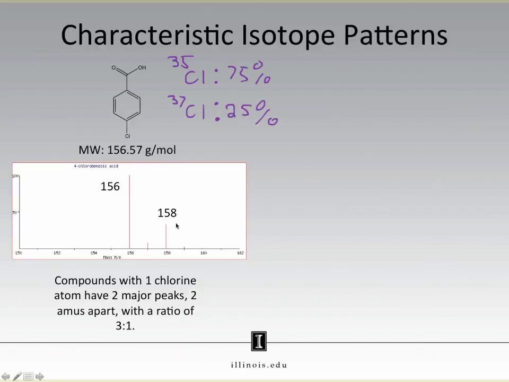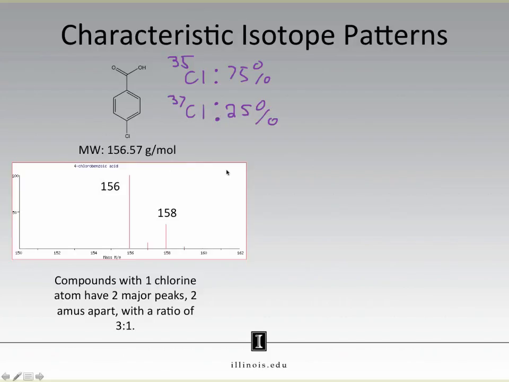And you might be able to see how this distribution is reflected in the size of these signals. We have two main isotopes of chlorine. Therefore, we should see two main signals, one for each isotope of chlorine, and they should exist in a roughly 3-to-1 ratio, because the isotopes exist in a roughly 3-to-1 ratio.